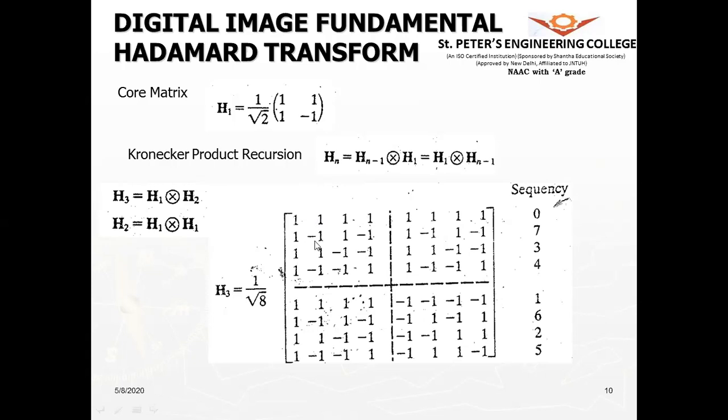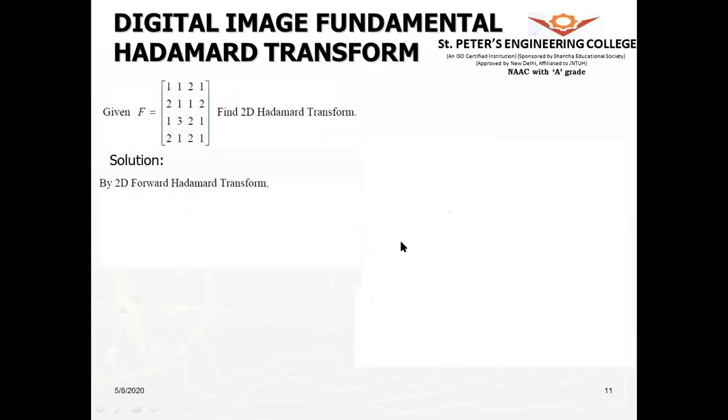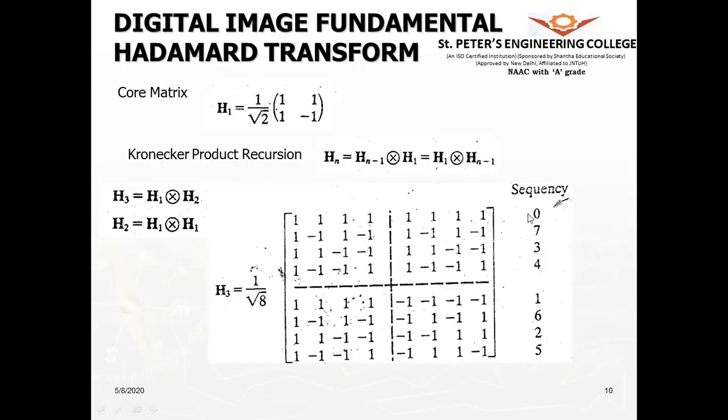In the second row, there are 7 transitions: plus to minus, minus to plus, plus to minus, minus to plus, plus to minus, minus to plus, and so on. So there are 7 transitions like this. These numbers give the sequency or the sign changes. If you see here, it is not in order, that means 0, 1, 2, 3. It doesn't appear in that sequence. It is in a different sequence here. So this is the Hadamard transform, which has the sequency here.